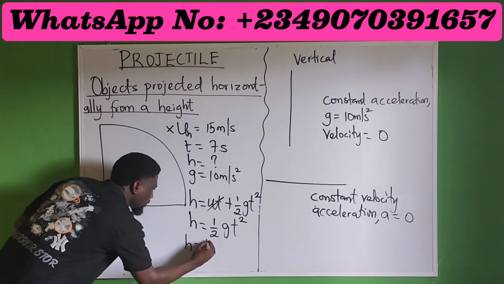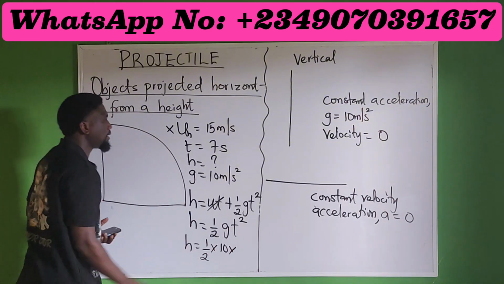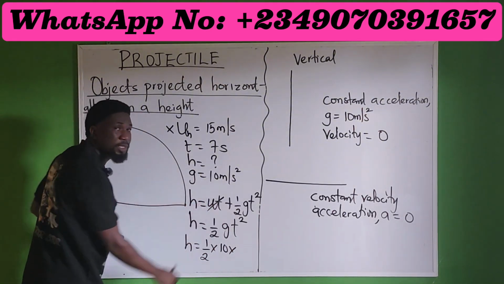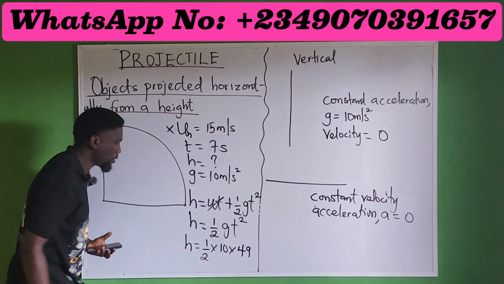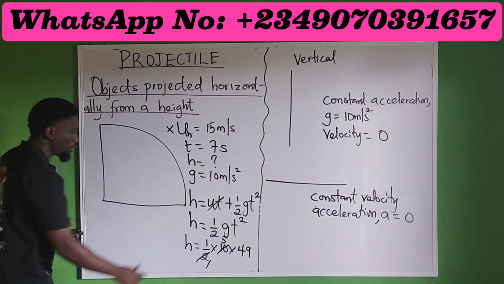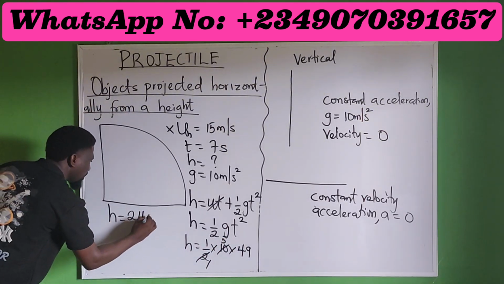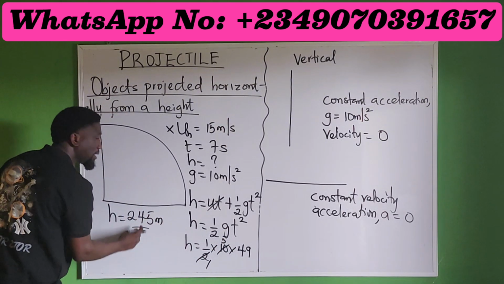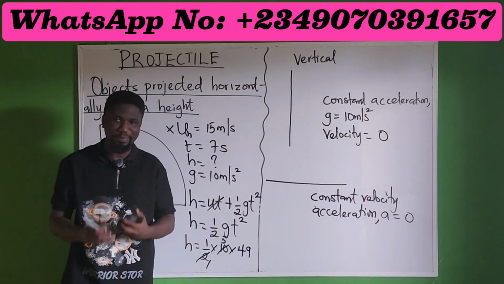So h is half multiplied by g, which is 10, and t is 7. So 7 squared is 7 times 7, which is 49. Half of 10 is 5. So 5 times 49 gives us 245 meters. So this is the height of the tower, which is 245 meters.